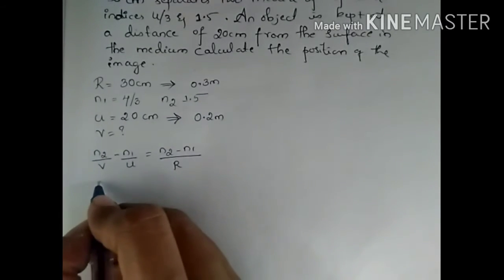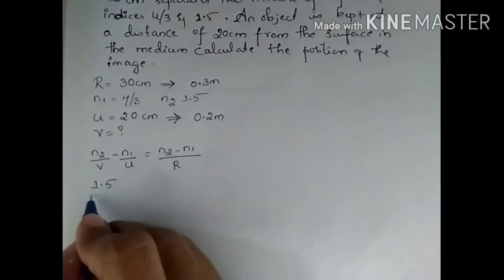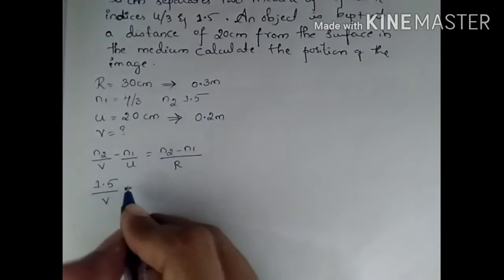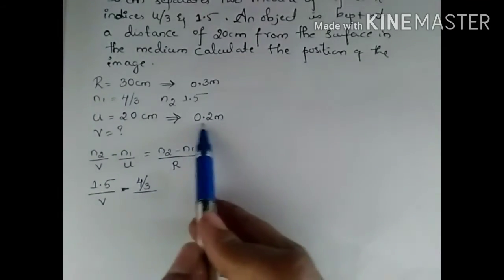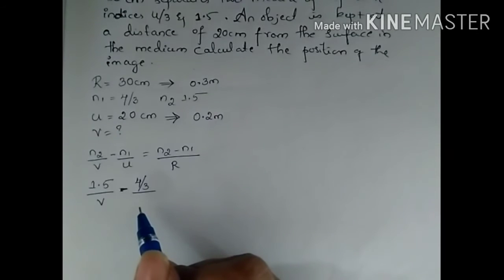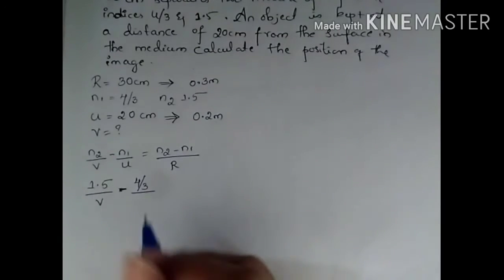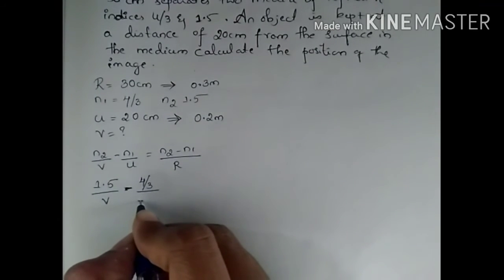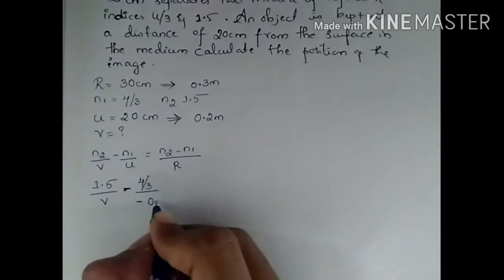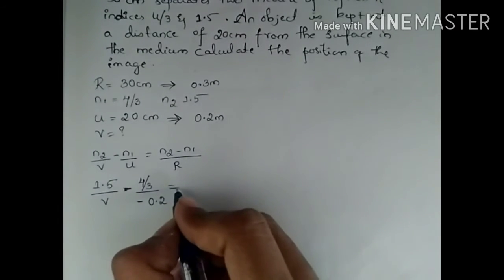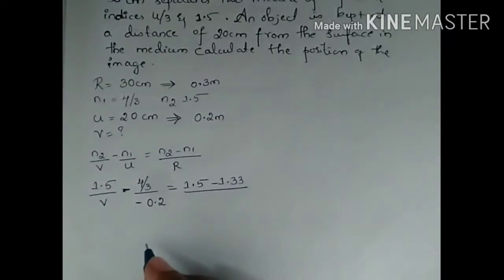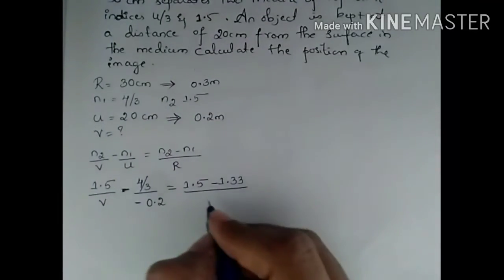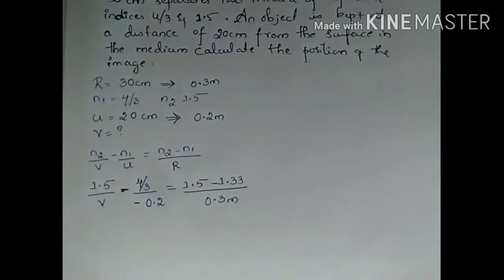So N2 here is what? N2 is 1.5. V is unknown to us. Minus N1 is 4/3. U, here you need to take as negative because it is measured in a direction opposite to the incident ray. So here U is equals to minus 0.2 meter, and N2 again is 1.5 minus 1.33 divided by the radius of curvature, that is 0.3 meters.